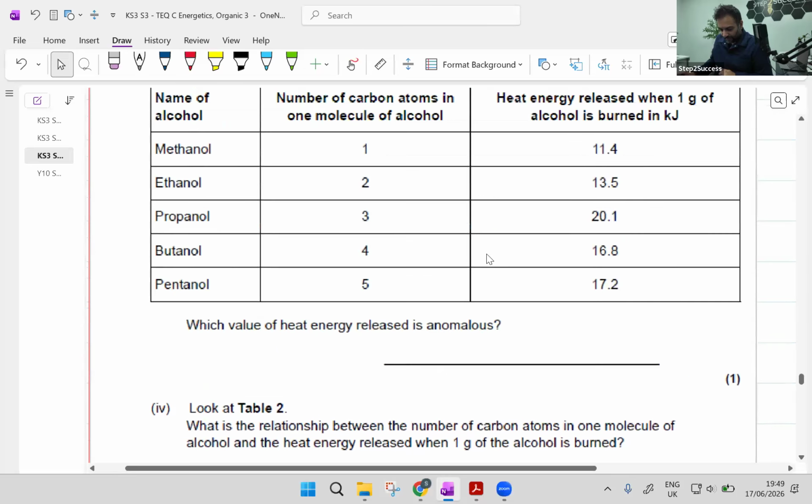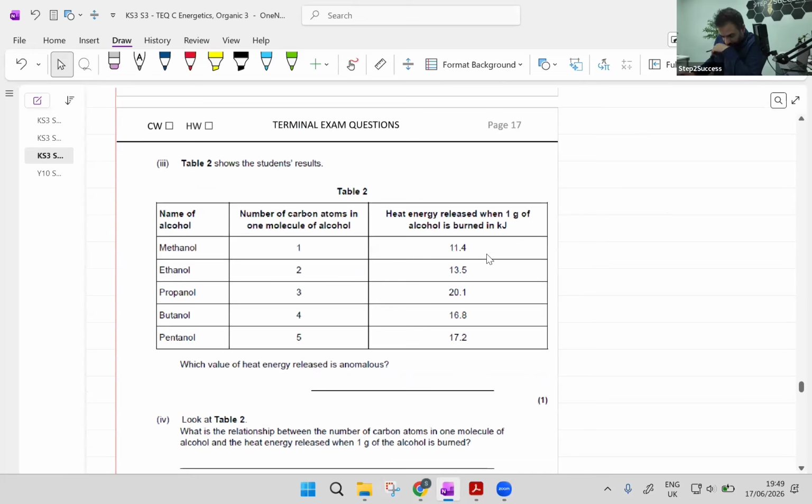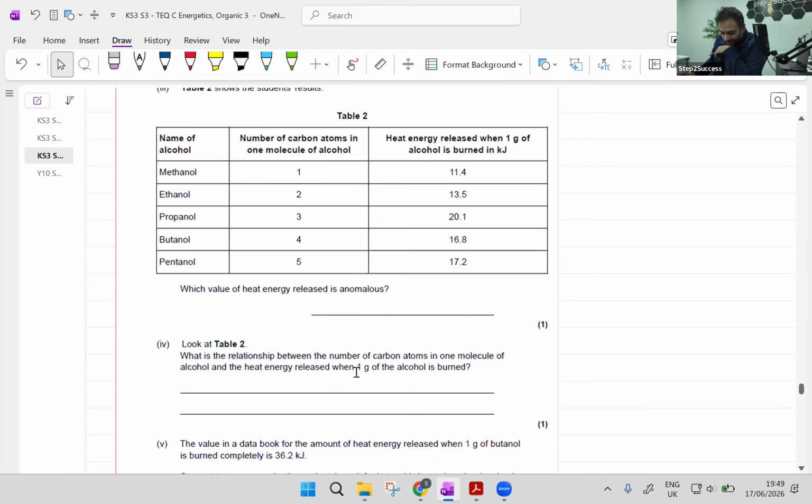Maybe this one. I'm just going to say this because it's quite a hard question, that last one. But what is the relationship between the number of carbon atoms? So you need to say that as the number of carbon atoms increases, the heat energy released, well, it increases. Oh God, it increases up to there.